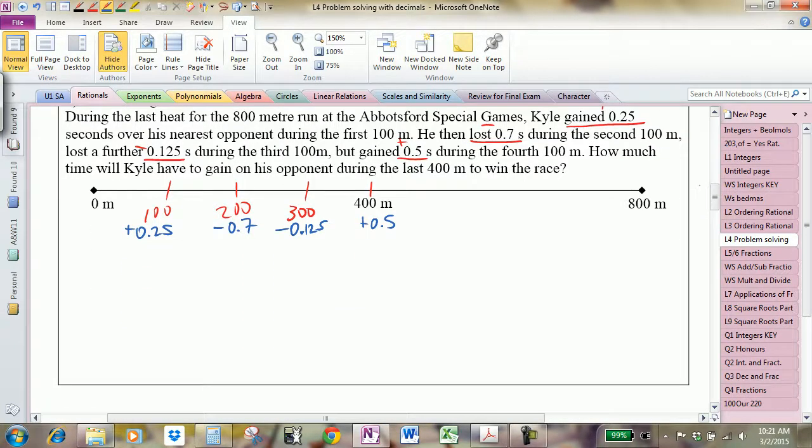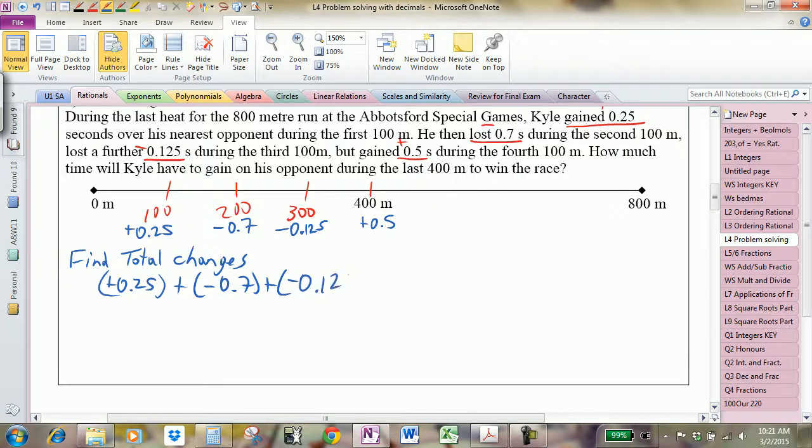So what we're going to do is find the total changes. Okay. So add them up. And some of you are starting to see, oh, adding a negative is just like subtracting.